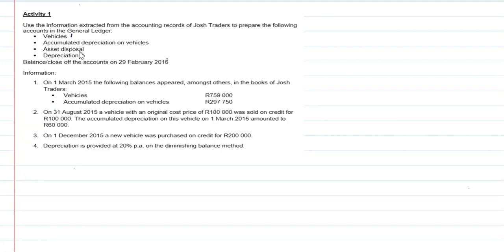You can see our required there: I must prepare the asset disposal, vehicle, depreciation, and accumulated depreciation accounts. Let us do the calculations first before we prepare anything, because without calculations you can't do an account.